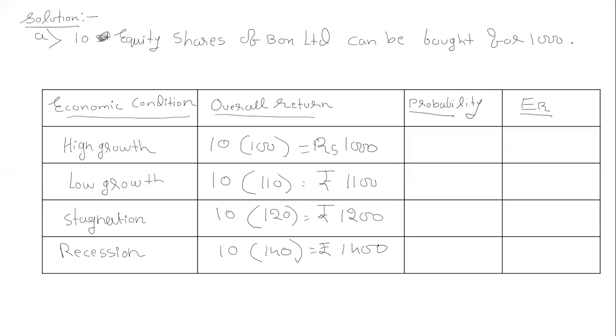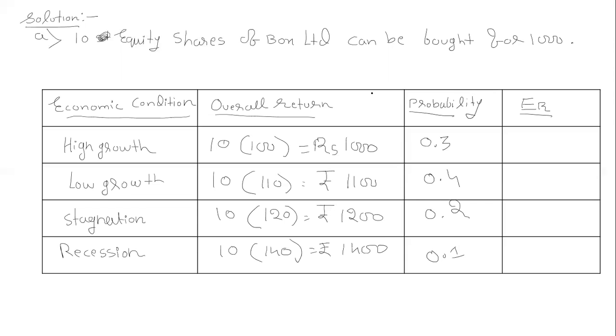So these are the particular situations, and we have 10 stocks with us. The overall return will be in high growth 1000, low growth 1100, stagnation 1200, and recession 1400. We have the probabilities with us, that is 0.3, 0.4, 0.2, and 0.1.